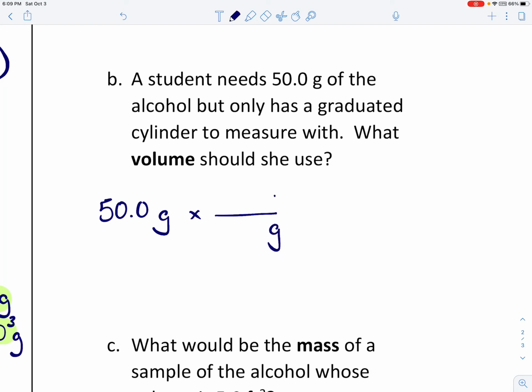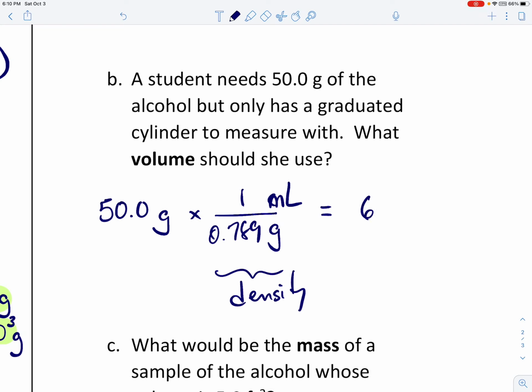And to convert to volume, we use the unit multiplier and we use the density as the unit multiplier. 0.789 grams for every milliliter, and we can keep 3 digits in our answer. So we get a 63.4 milliliters is the volume that she should measure out with the graduated cylinder.